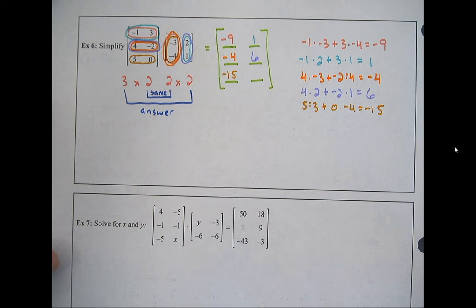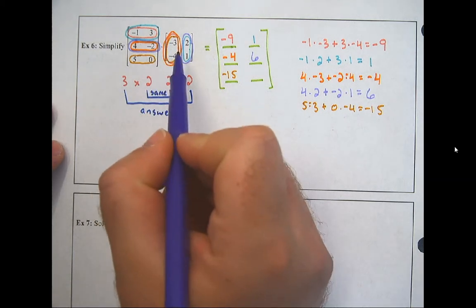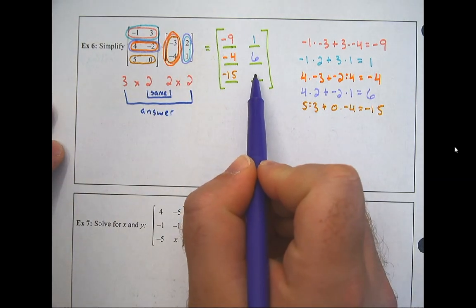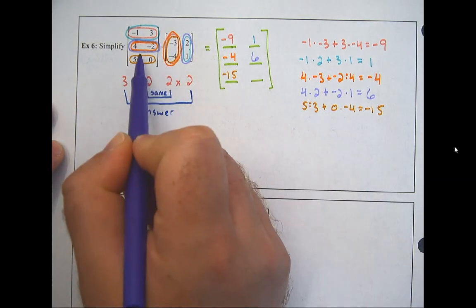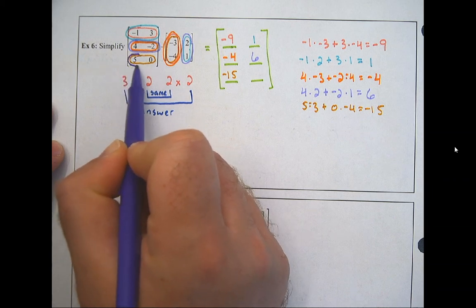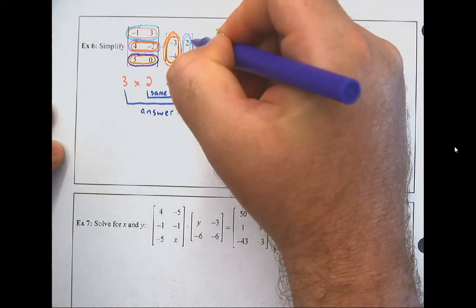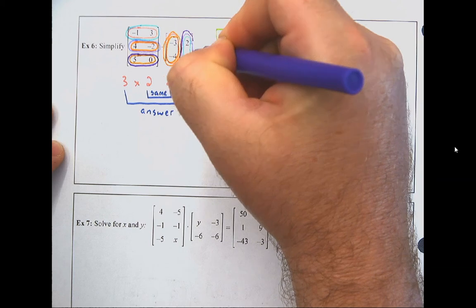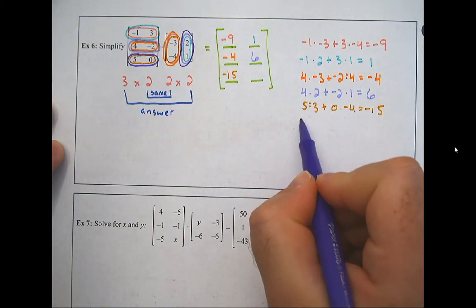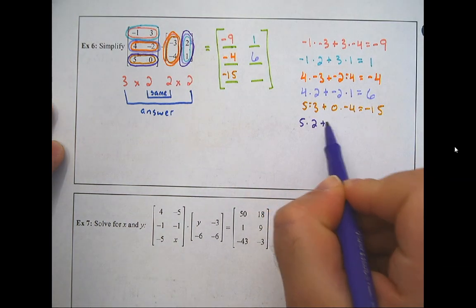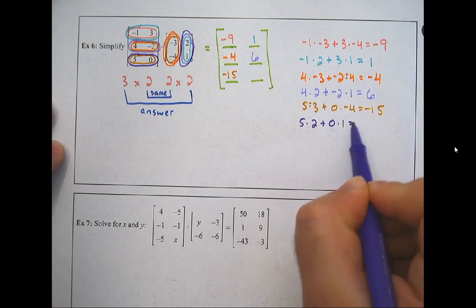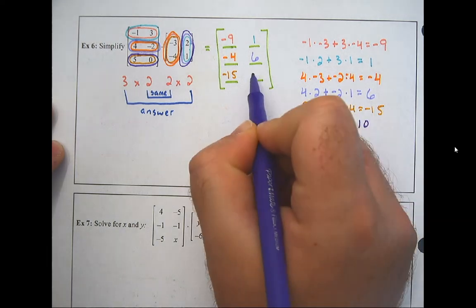Maybe purple. This is row 3, column 2. So that's 5 times 2 plus 0 times 1. 5 times 2 is 10.